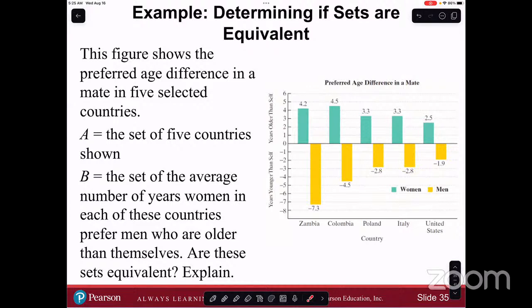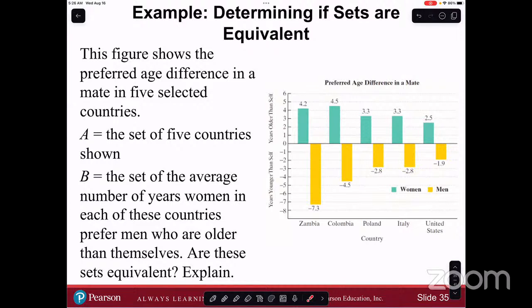The set B is the set of the average number of years women in each of these countries prefer men who are older than themselves. All right, so it looks like that would be 4.2, 4.5, 3.3, 3.3, and 2.5, right?